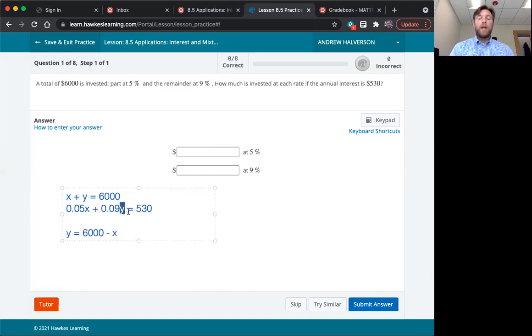Because when we see the Y in the second equation, you substitute it with its alias, another name. So the Y here is going to become 6,000 minus X. And so we say 0.05X plus 0.09, and we'd put parentheses.